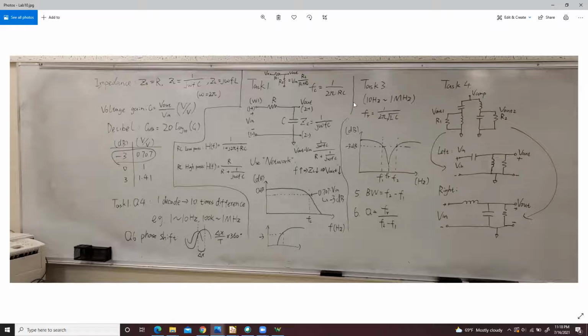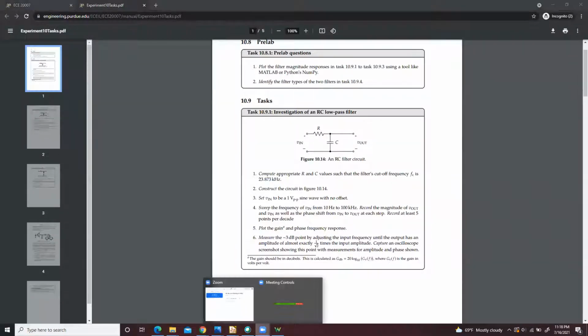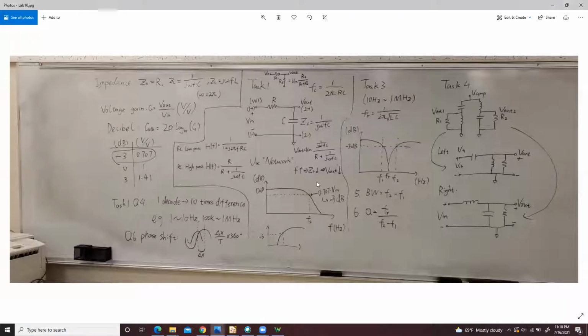You will use the cutoff frequency equation, and the cutoff frequency is already given here. You just plug this value into your equation and then you can get the RC value.